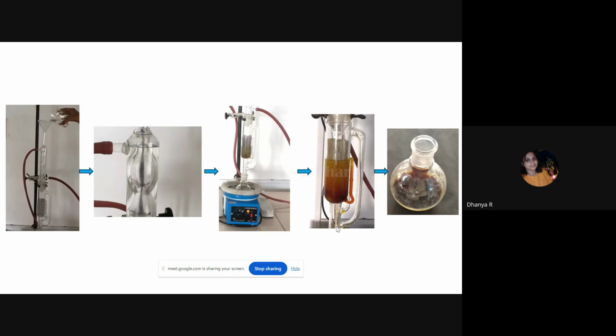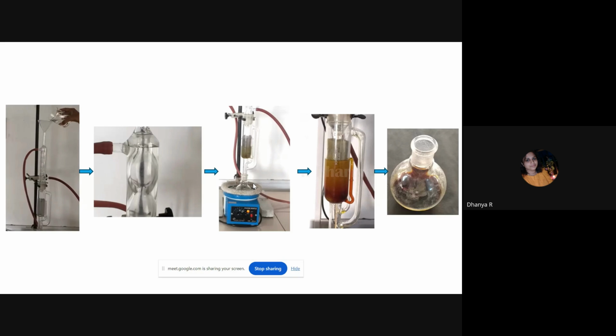This whole process, from the vapor rising up to the solvent condensing, falling into the thimble, and then siphoning through the siphon tube to the round bottom flask, is counted as one cycle. For fat extraction, you may need around 40 to 60 cycles.